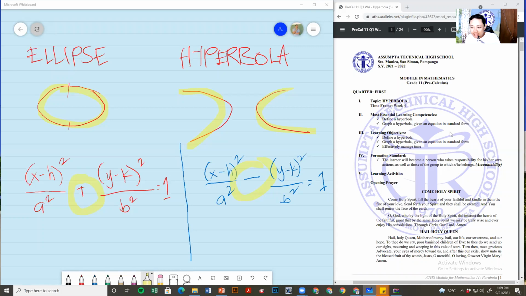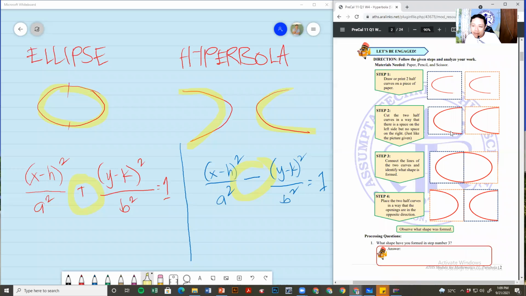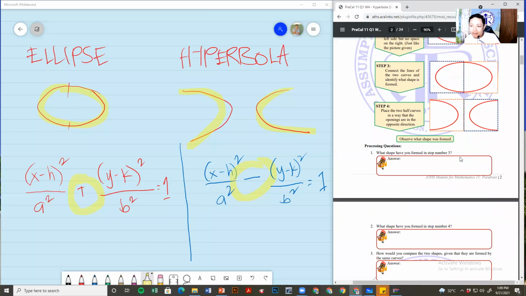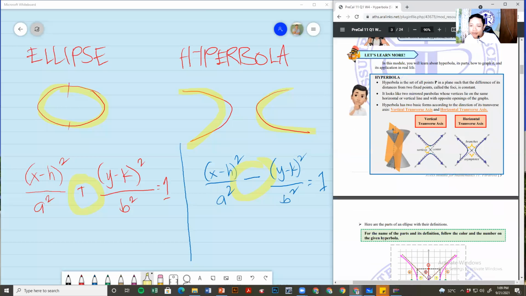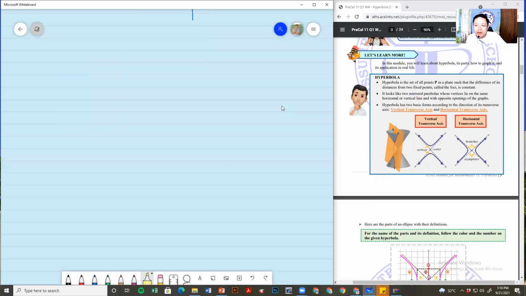Good. Let's now continue. So this is just an activity that how I wish you also did. Ayan. So this is the ellipse and that is the hyperbola. Let's now move on with the hyperbola. Okay. When we say hyperbola, it has two forms, which I already explained a while ago.